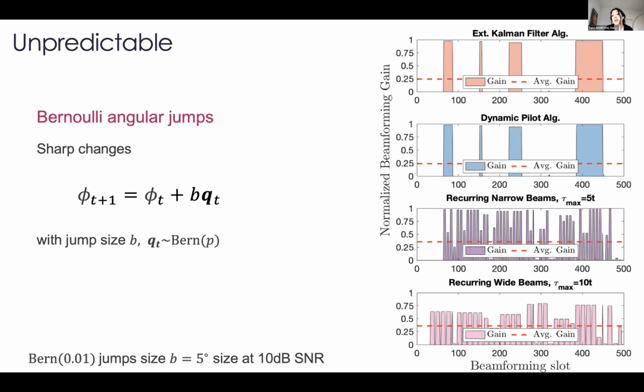Again, maybe a more realistic way to think about this is looking at the normalized beamforming gain. And you see that even though these wider beams have a worse beamforming gain, overall, because you keep covering the angle of arrival from the transmitter, you get better performance, a surprise.